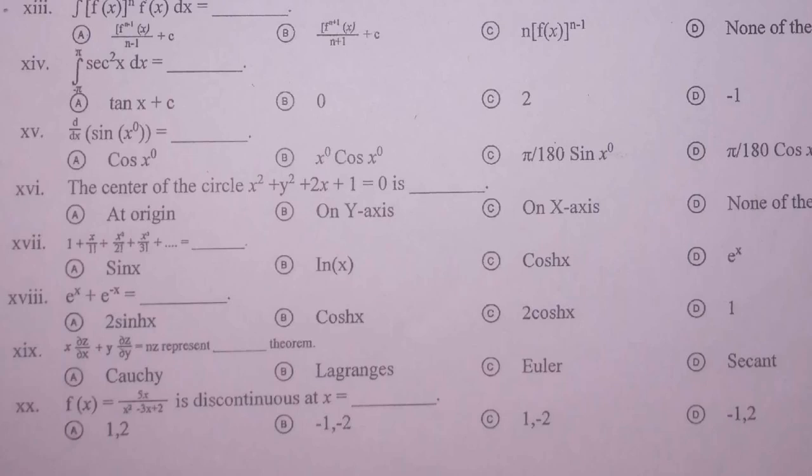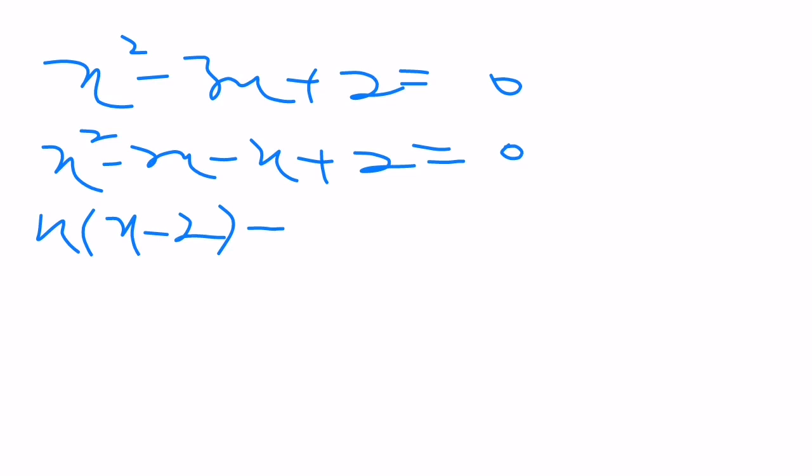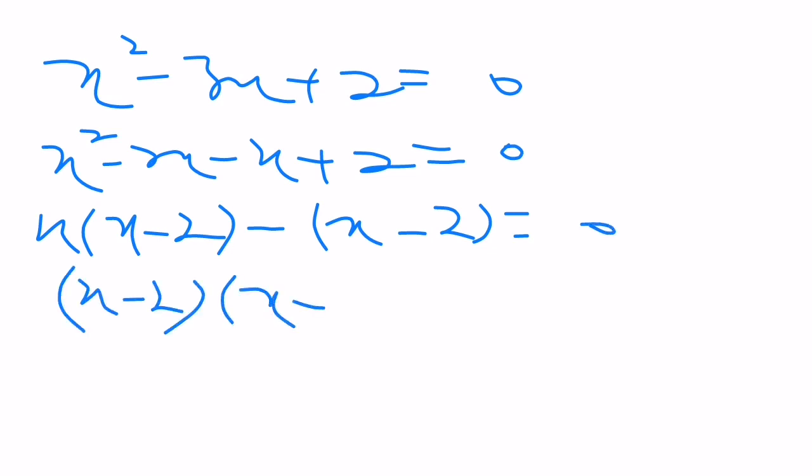By taking the denominator equal to 0, x square minus 3x plus 2 is equal to 0, x square minus 2x minus x plus 2 is equal to 0, x into x minus 2 minus 1 into x minus 2 is equal to 0, x minus 2 into x minus 1 is equal to 0.